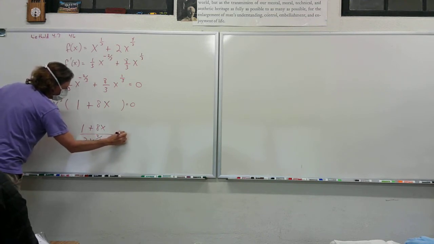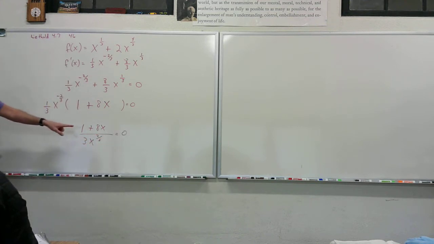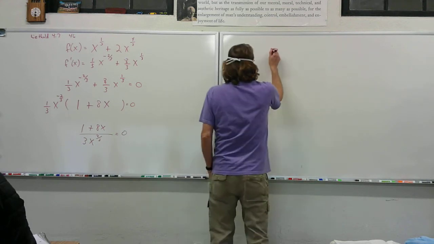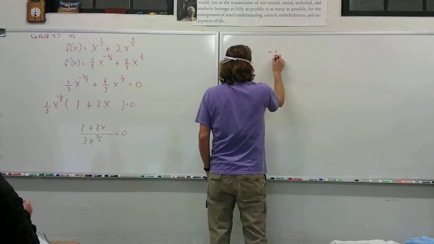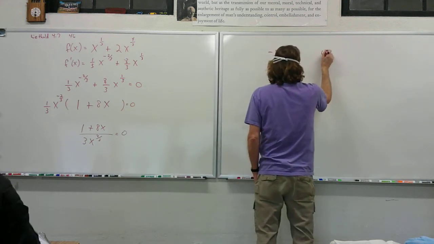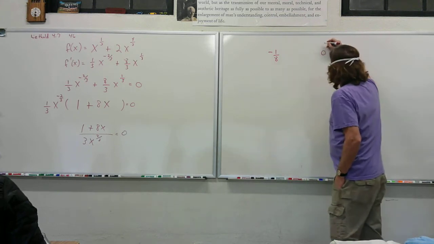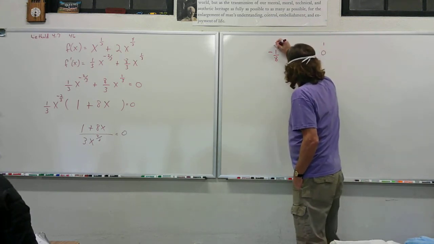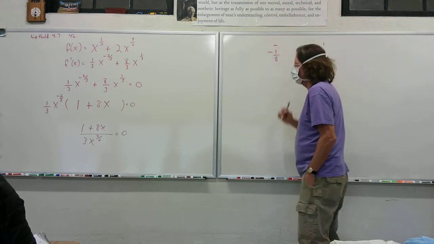Now, I still want to know where it equals 0, which is negative 1/8. Is everybody okay with the negative 1/8 part? But it also is important to realize that 0 is a critical number too. Above the 0, we'll put a little vertical line, and above the negative 1/8, I'm going to put a little horizontal line.